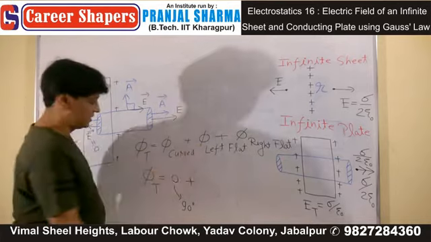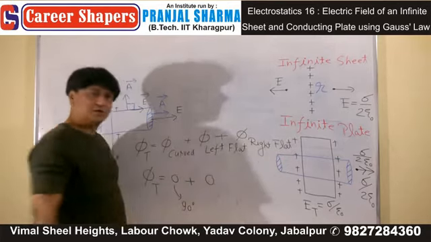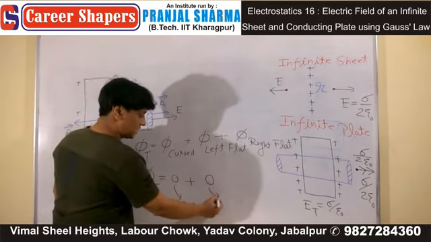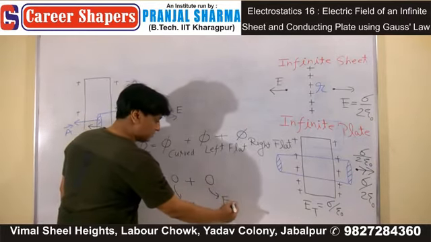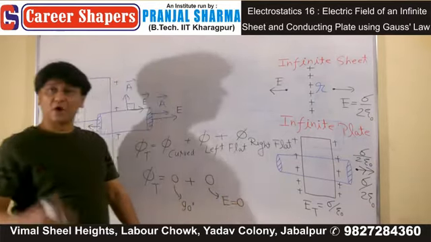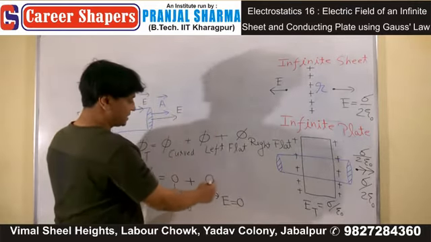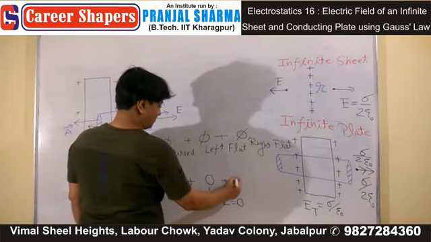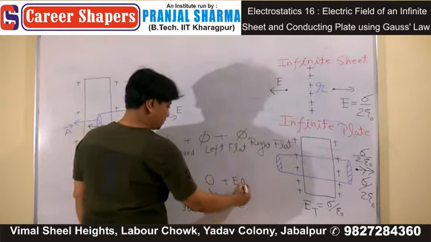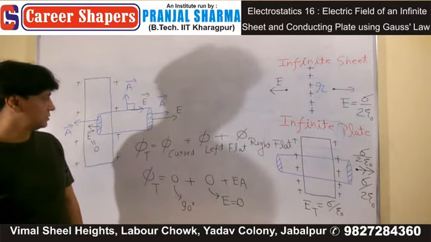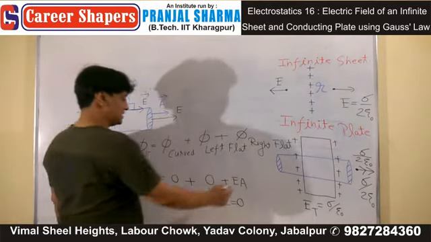Left side flat, again flux is 0. This is 0 because electric field itself is 0 in this region. And for the right side, definitely you have the flux as E into A cos 0, which is 1. What is charge inside?